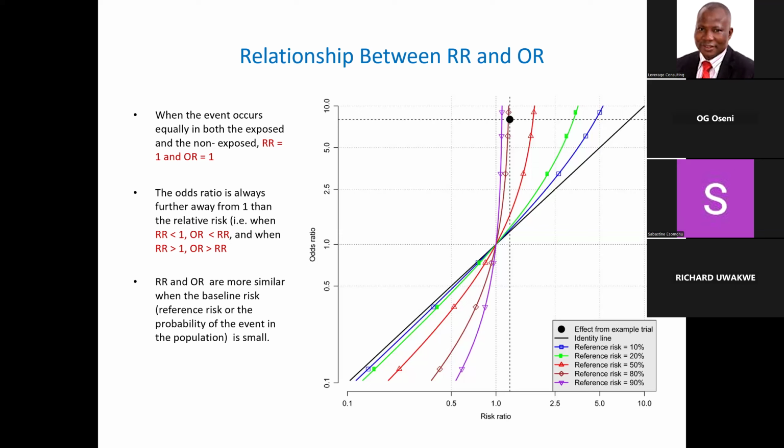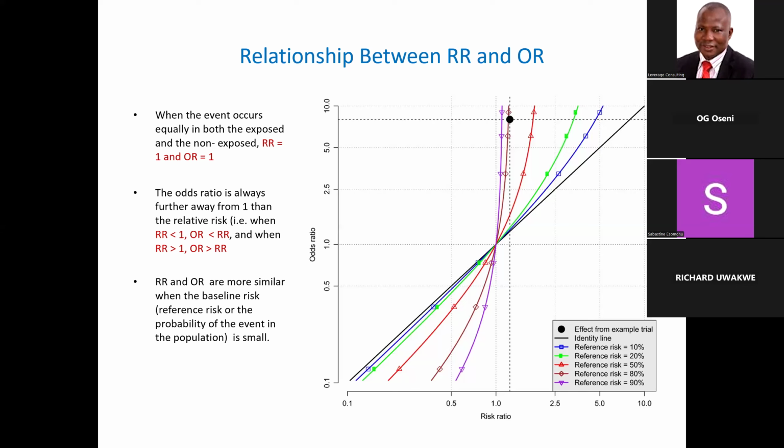Relative risk and odds ratio are more similar when the baseline risk, the reference risk or probability of the event, is small. So if the risk is small, the relative risk and odds ratio are very close. But when the relative risk is less than 1, the odds ratio is less than the relative risk. But when the relative risk is greater than 1, the odds ratio is greater than the relative risk. Look at this graph.